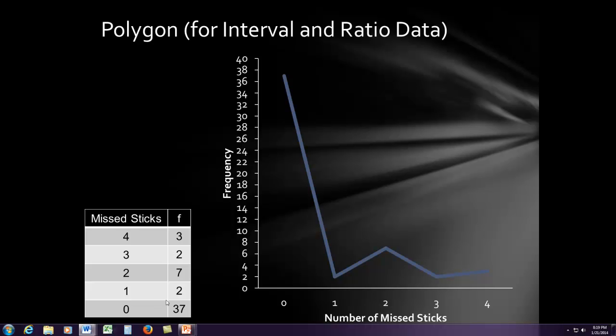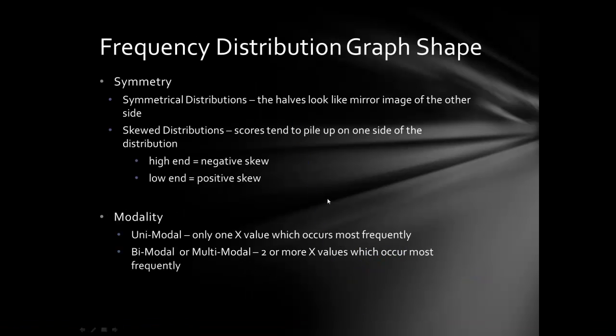So one of the major important things about shape is that it helps us determine what kinds of measures are appropriate for our data. So in the next lecture, when I talk about measures of central tendency, we'll go into detail about how different measures of central tendency are more or less appropriate for different shapes of data in your distribution.